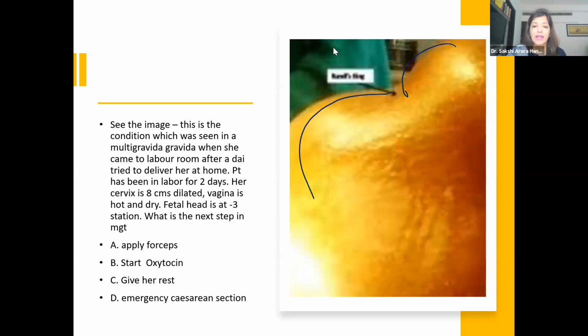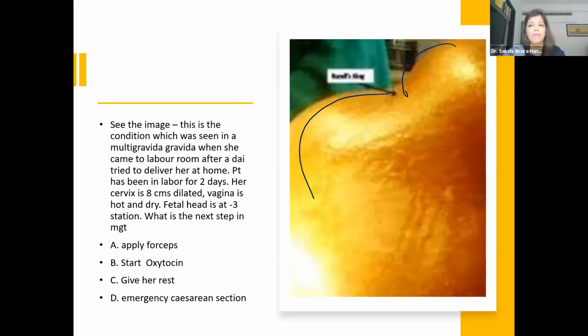So remember, never are you going to give oxytocin in case of obstructed labor. Neither am I going to give her any rest, because the more I delay my decision, the more am I increasing the chances of rupture of the uterus, right?